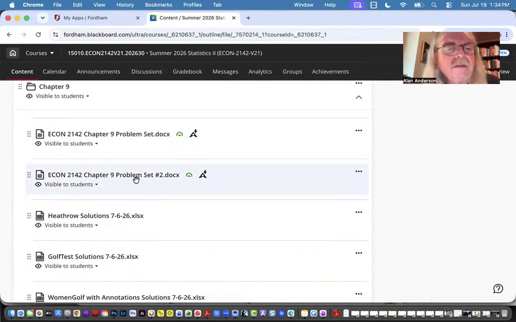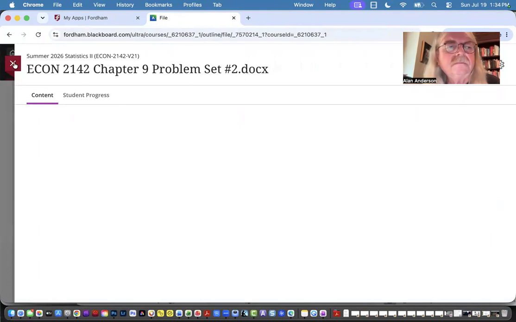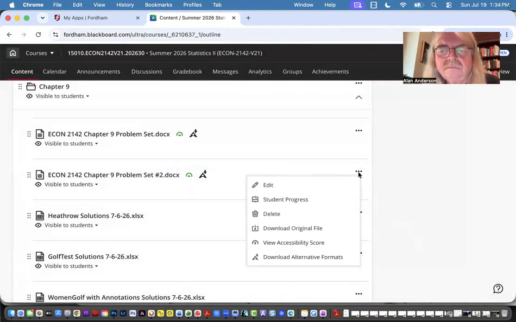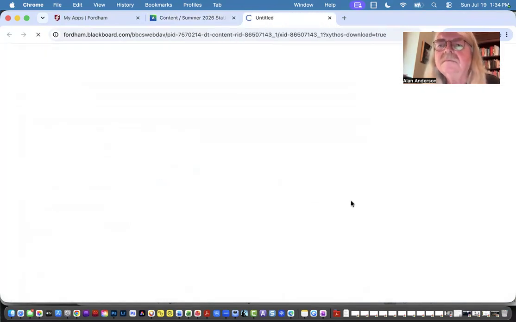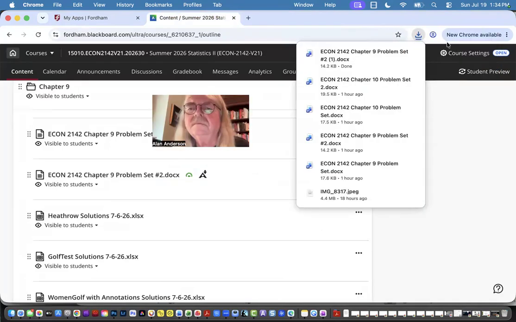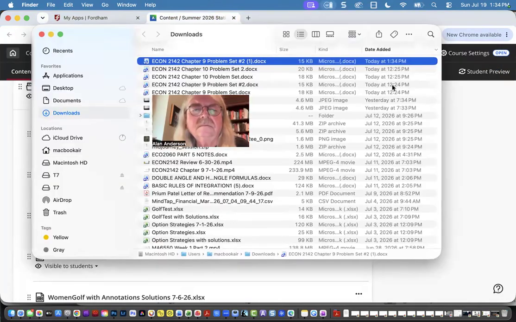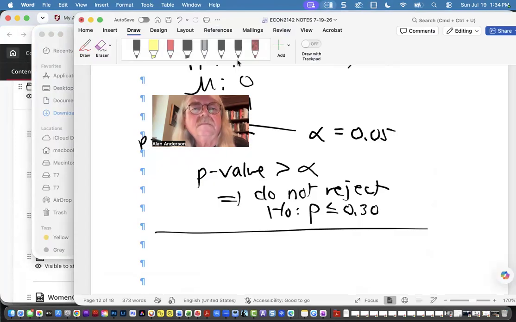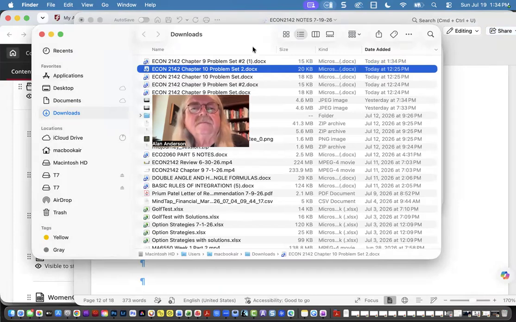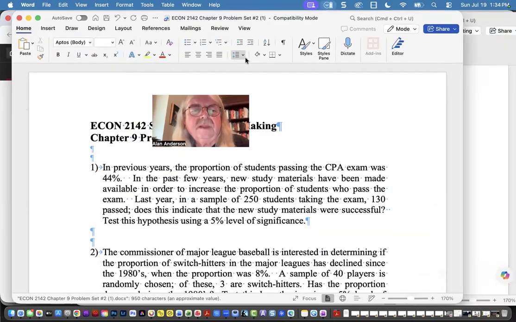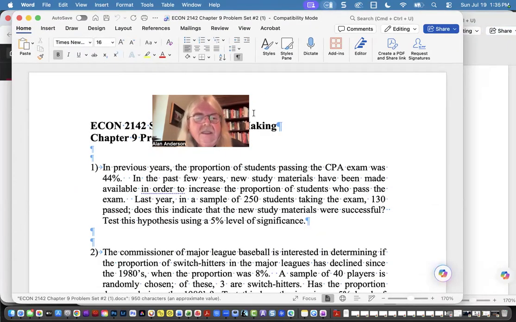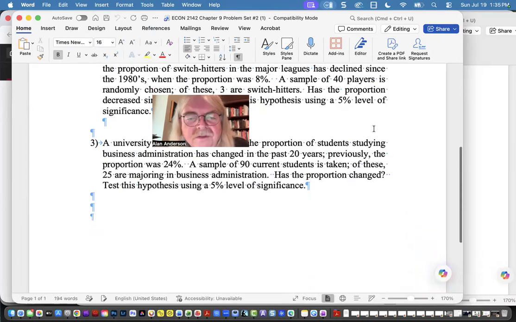There it is. Oops, wrong one, sorry. There we go. All right. Looks like this one has more proportions. That's fine.